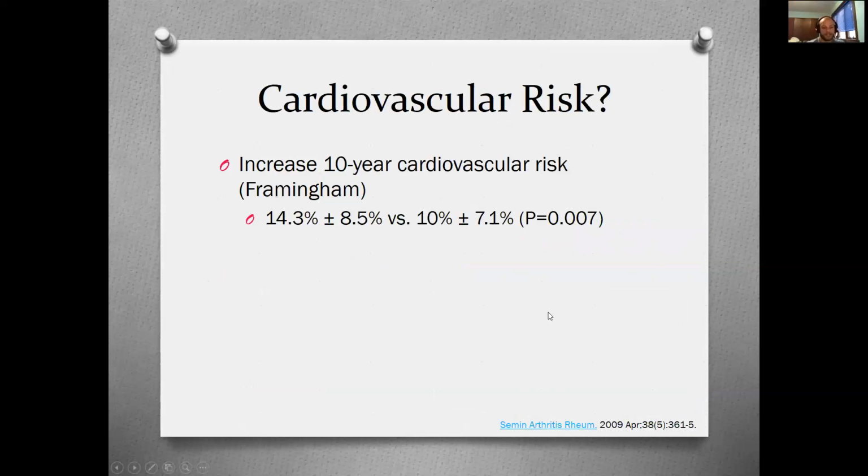Another interesting thing this study found, which I thought was very interesting because I hadn't made the connection, but patients with DISH are at an increased cardiovascular risk. So this study was done a while ago, but it was essentially because they use the Framingham score. They don't use the new ASCVD risk. But what they found is there is a statistically significant increase in 10-year cardiovascular risk in patients that have DISH, which would be this first number, versus patients that do not, which would be the second number.